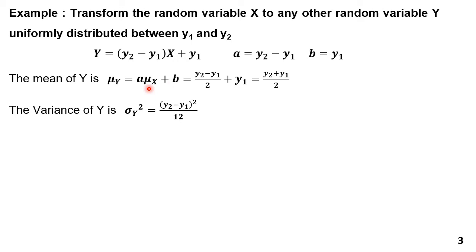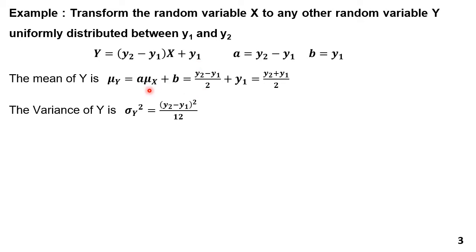So b is given as y1 and a is given as y2 minus y1 and mu x for uniformly distributed function is half.